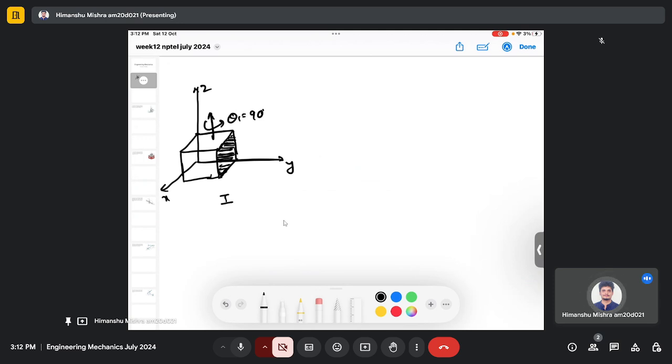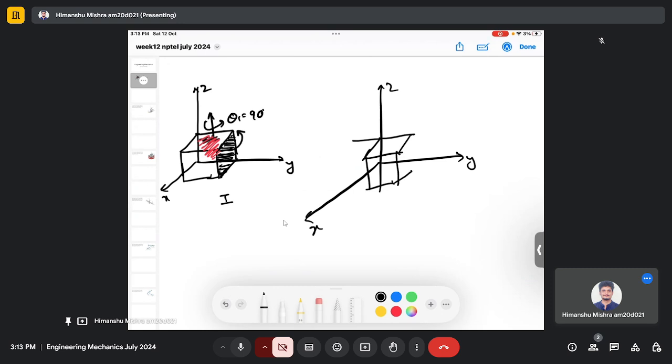So what will happen? This face will turn to this part. This will be the next part. So now this shaded part will exist here after rotation.